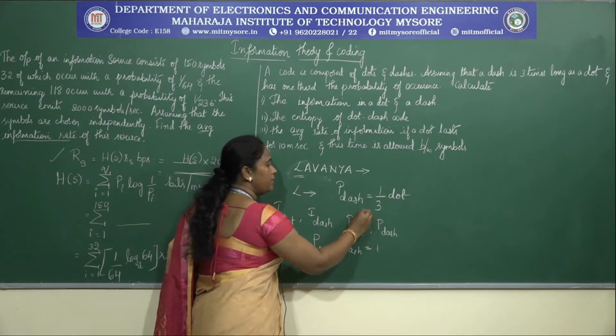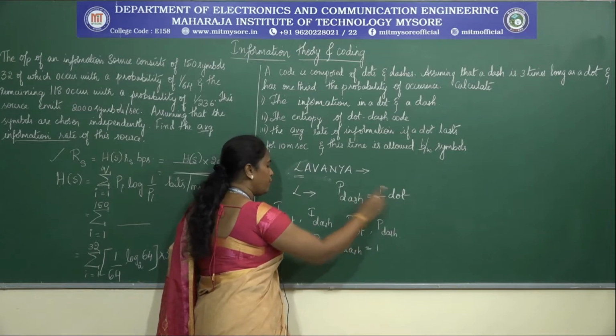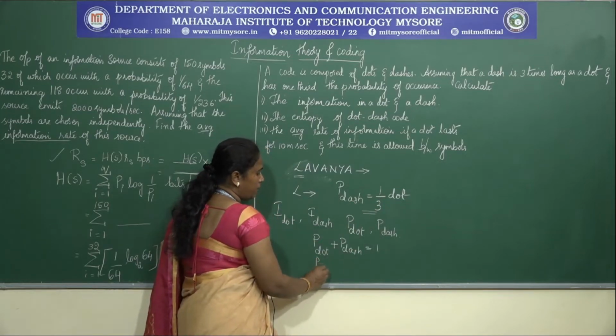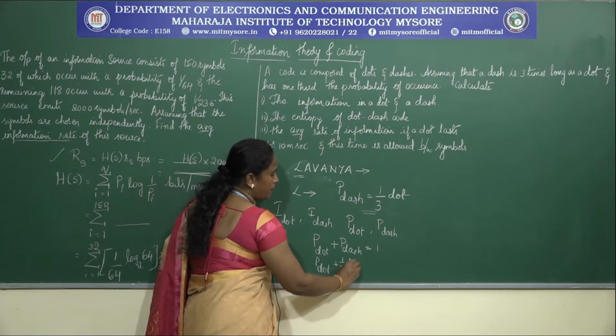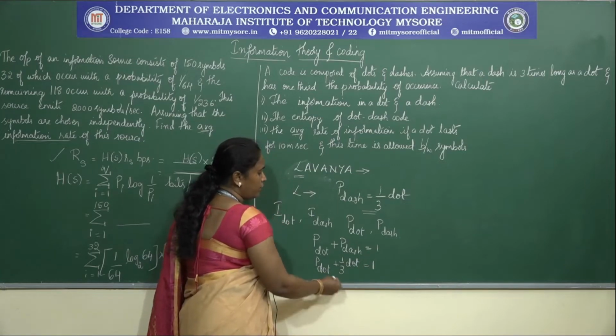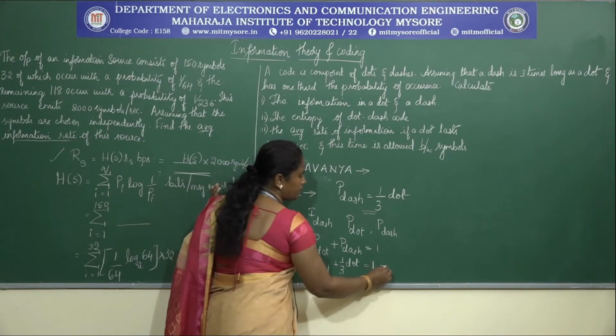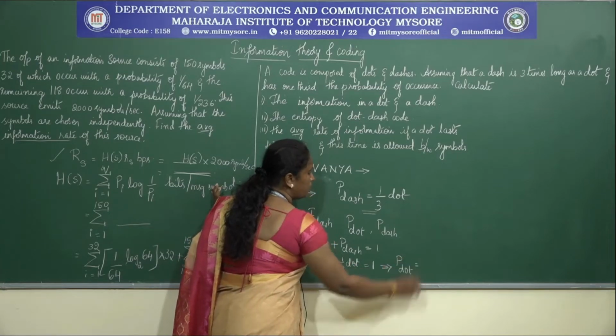Given in the problem statement, the P dash value is 1/3 the probability of P dot. So P dot plus 1/3 P dot will be equal to 1. Now if you simplify this, you will get your P dot value.